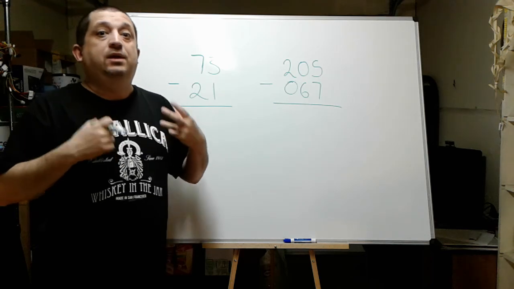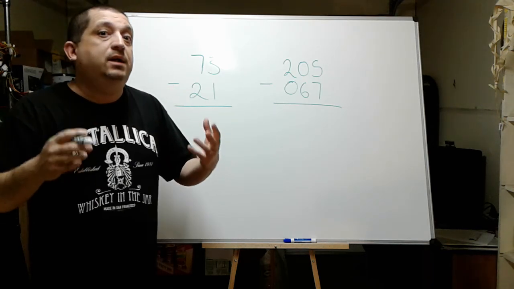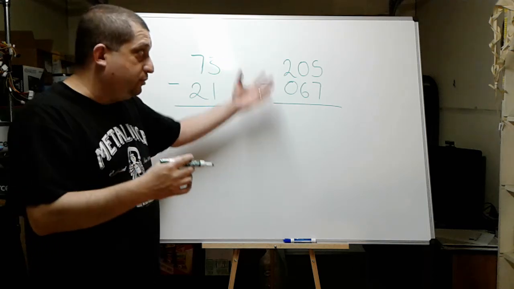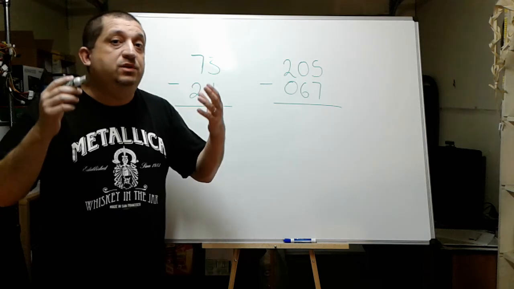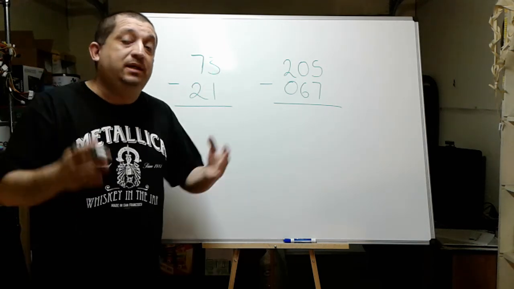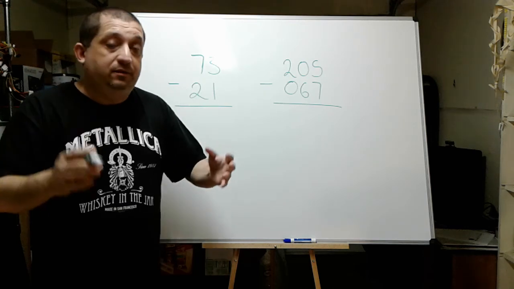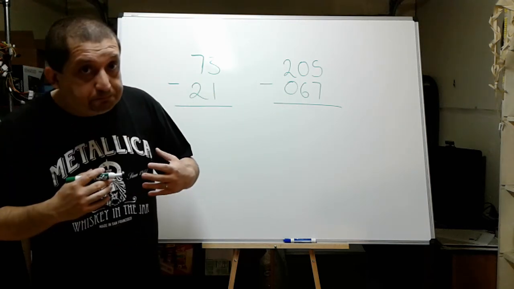That doesn't necessarily mean that that's the best way for you. If you already know a way to do your subtraction or any math problem that works for you and gives you the correct result, the result that you want, by all means, please keep using that method. I'm just showing in this video what method is best for me.